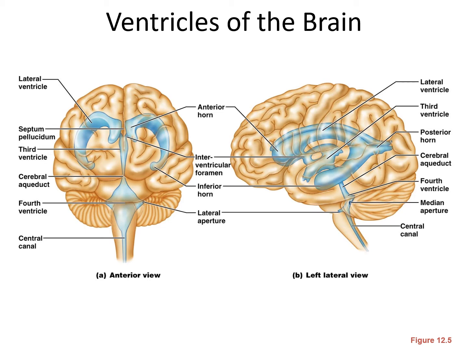So here we can see the lateral ventricles are actually housed in either hemisphere of the brain. They look almost like sheep horns. The third ventricle here is situated between the two hemispheres, and as we travel down, we go through an aqueduct called the cerebral aqueduct into a diamond-shaped fourth ventricle.